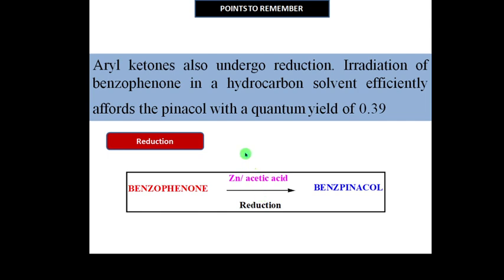What we are able to notice here is that there will be a pinacol as a product for these aryl ketones, and the quantum efficiency of this reaction is 0.3. So this is just a simple reduction reaction only.